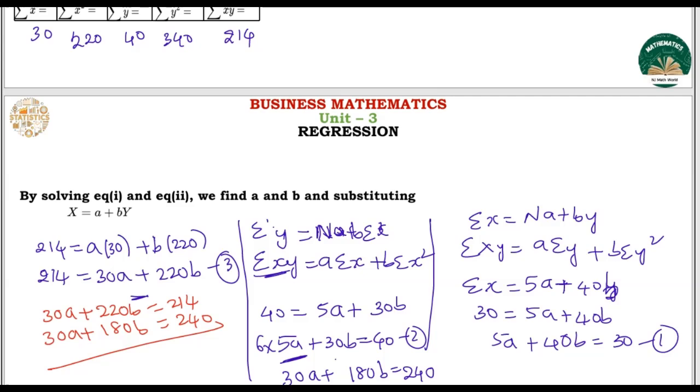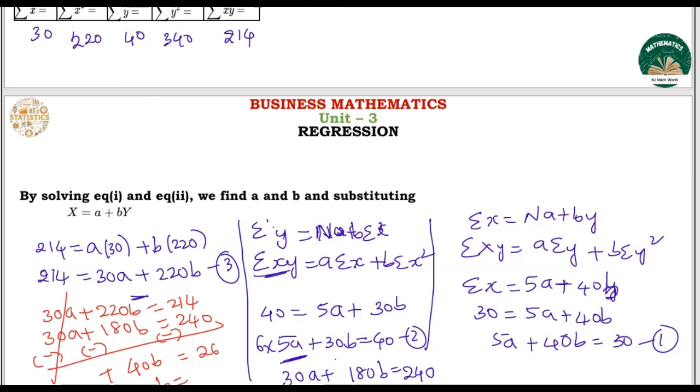By changing the sign and solving the simultaneous linear equations, we can cancel 30a. 220 minus 180 is 40b, and 214 minus 240 is minus 26.